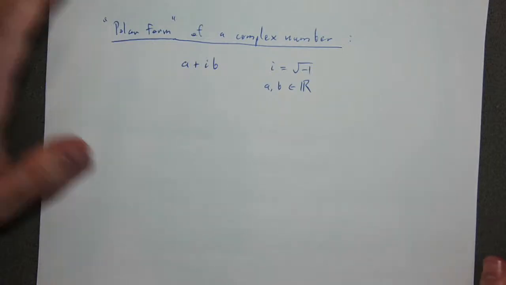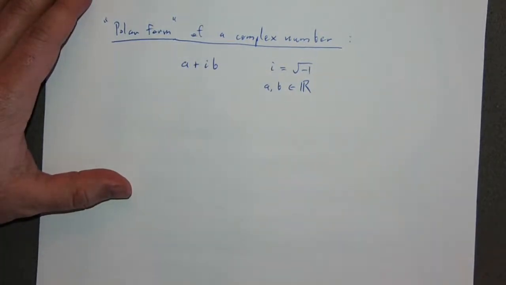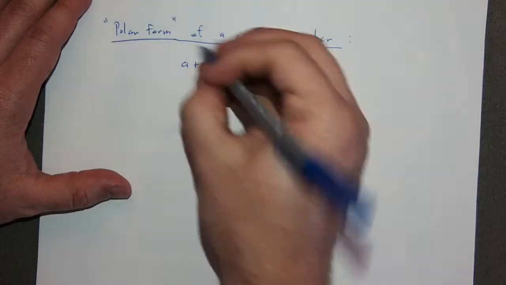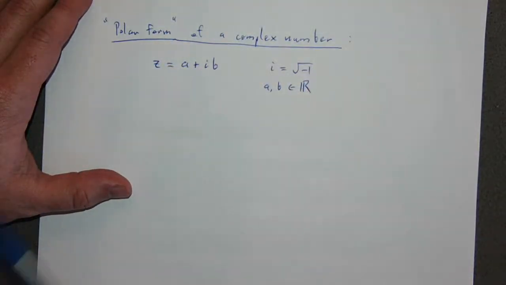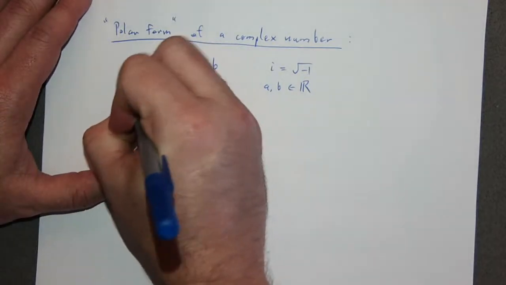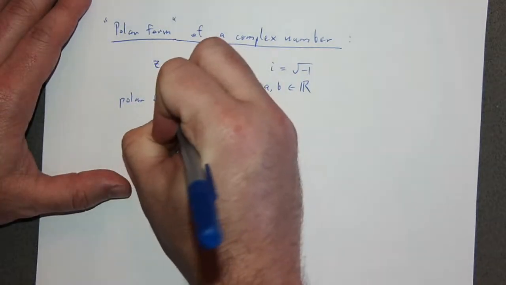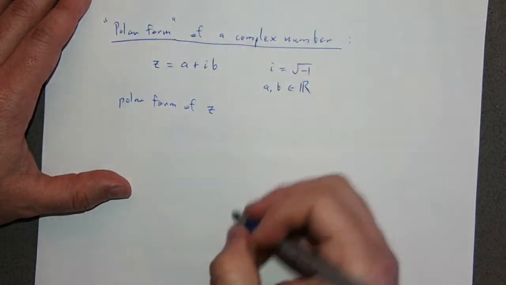And so a plus ib is a complex number, but it turns out that if we call this complex number a plus ib z, there is a polar form of z.